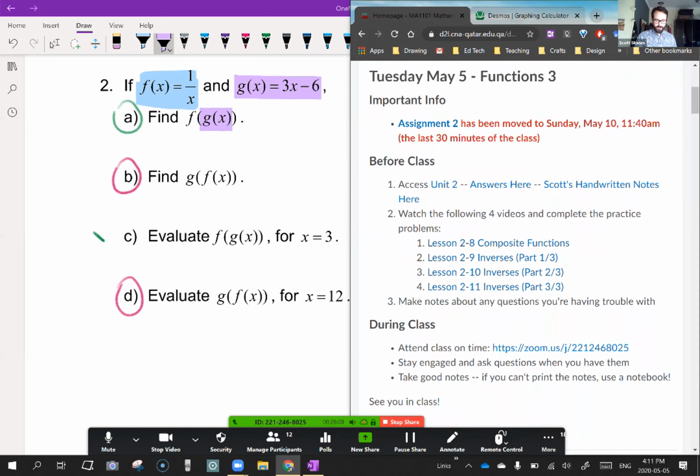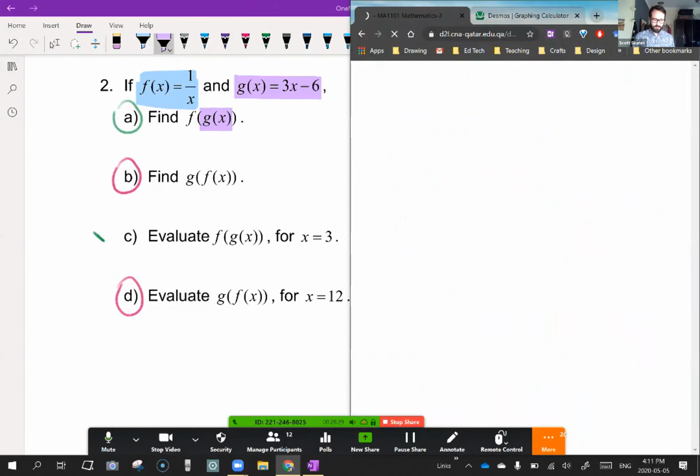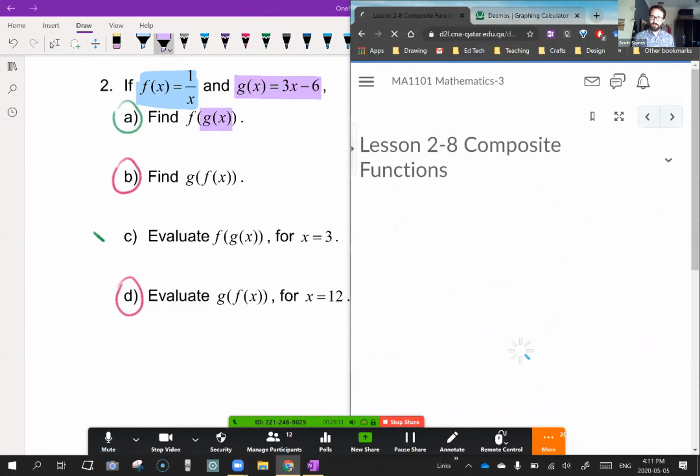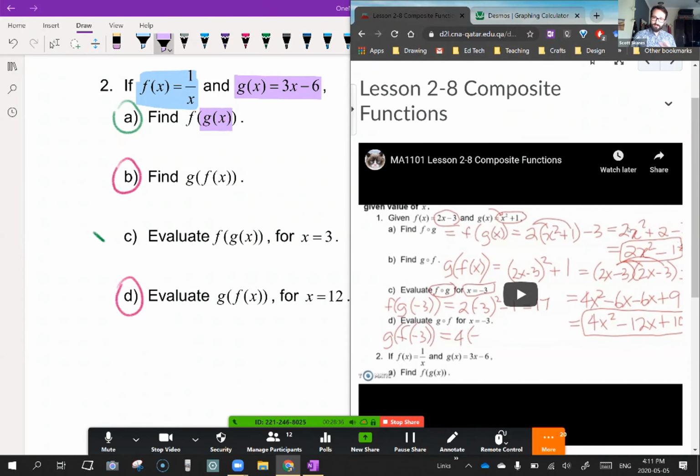So you should know that. I'm actually quite shocked that you don't, but I'm glad that you asked because now you know. Okay, so back to the composite functions. It is in D2O. It's right here, and then you click on it and it brings you to the video. I'm not entirely sure what you're talking about, Yasser, but if I've done something that you want me to change, I'm happy to talk about it.